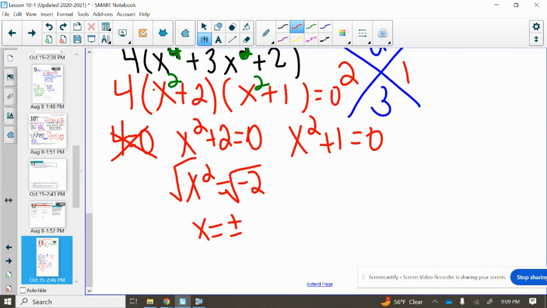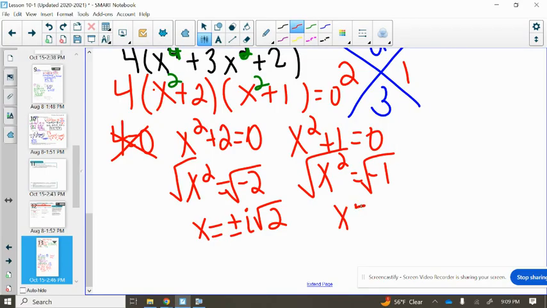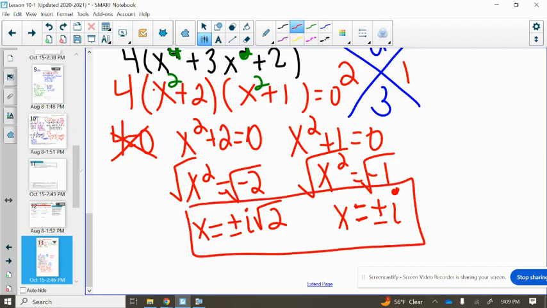The negative square root of 2 would turn into an i out front, and then square root of 2. On the other hand, when we square root, we're square rooting a negative 1. So this would be plus or minus the square root of negative 1, which is 1i, or just i. So these would be our 4 zeros this time.